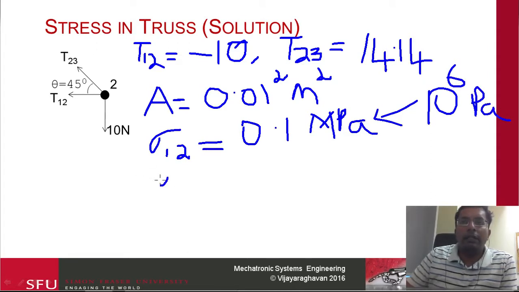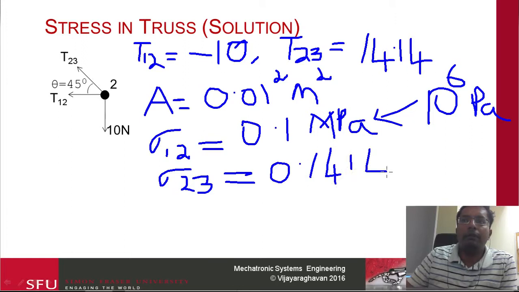Similarly, we can calculate sigma 23, which is going to be 14.14 divided by this area, so that gives me 0.1414 megapascal.